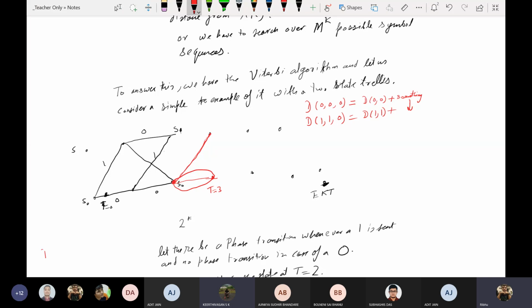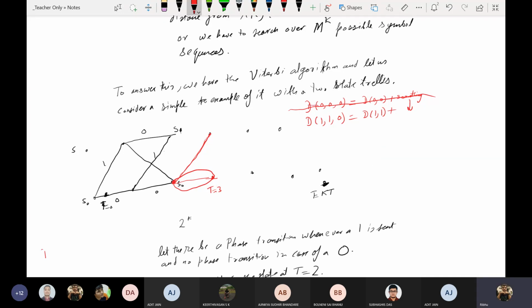So by this logic, I can eliminate D000 out of all future calculations. D110 survives, since D110 is smaller.